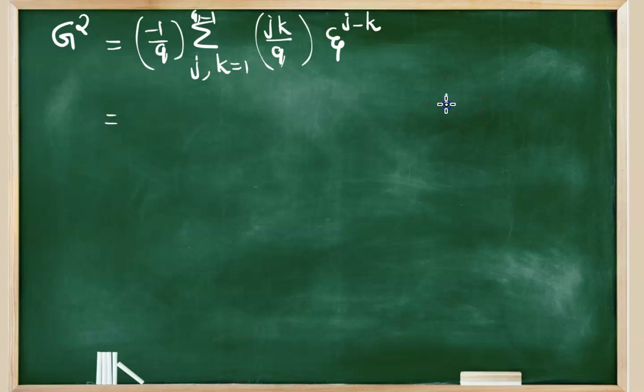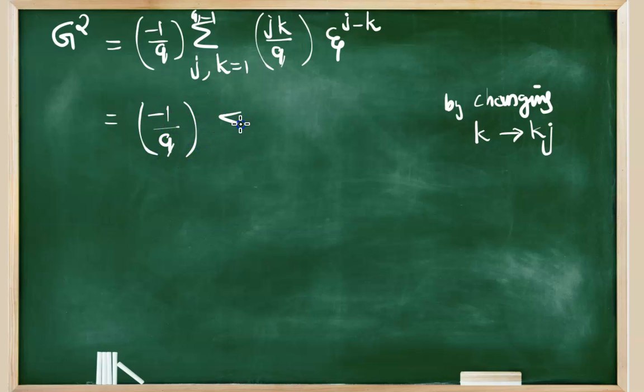Now, by changing the variable K to KJ, we will get G square equal to Legendre symbol (minus 1 by Q) into summation over J and K varying from 1 to Q minus 1.